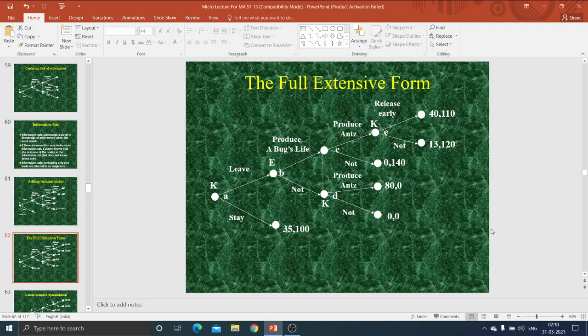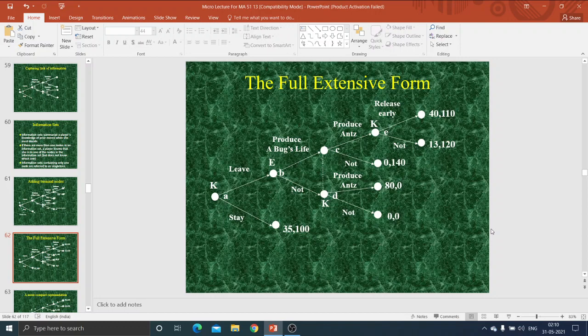In this case, produce A Bug's Life, produce Antz, then there are two possibilities. The produced A Bug's Life can be early or late, and Katzenberg can also release early or late. Again, if he is not producing Antz, and A Bug's Life is produced, then Eisner gets 140 and Katzenberg gets nothing.